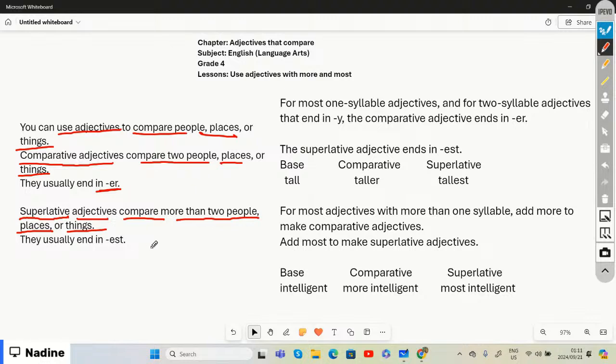Superlative adjectives usually end in EST. And we are now going to look at examples of comparative adjectives as well as superlative adjectives.